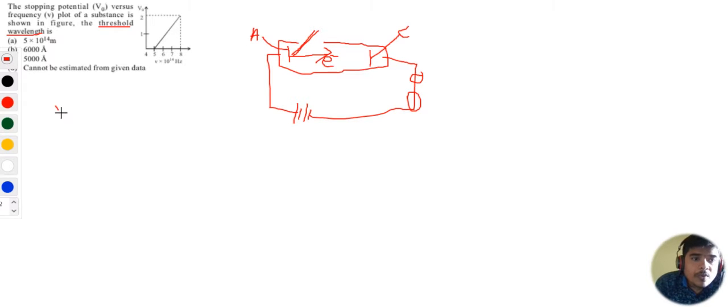First we have to write that when stopping potential V naught is equal to 0, the corresponding threshold frequency is equal to 5 into 10 to the power 14 hertz.